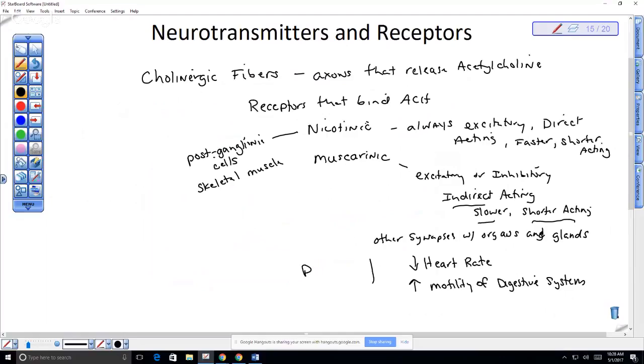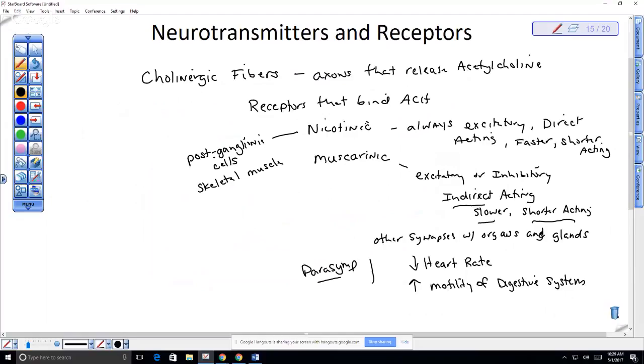So this is parasympathetic, because remember that the sympathetic nervous system does not release acetylcholine. Muscarinic receptors are associated with the parasympathetic division of the autonomic nervous system.